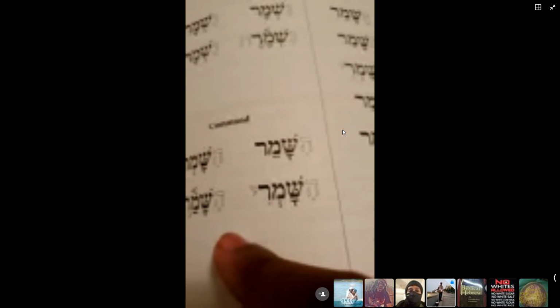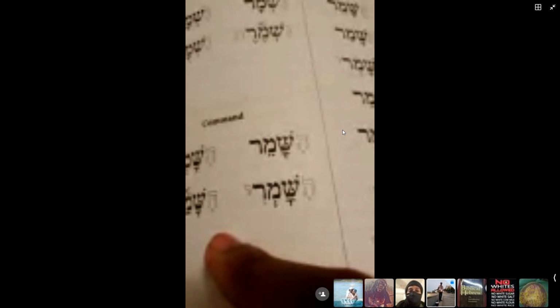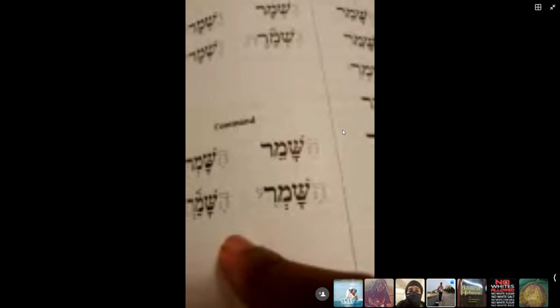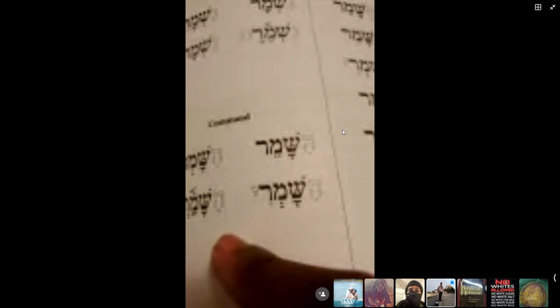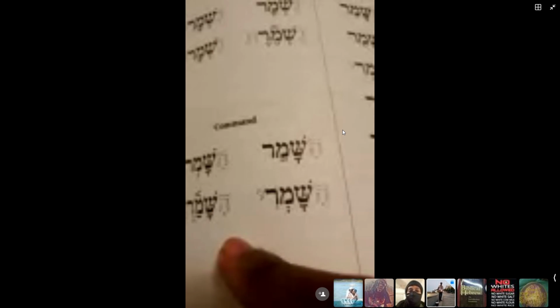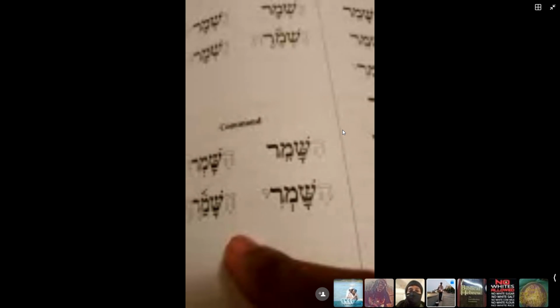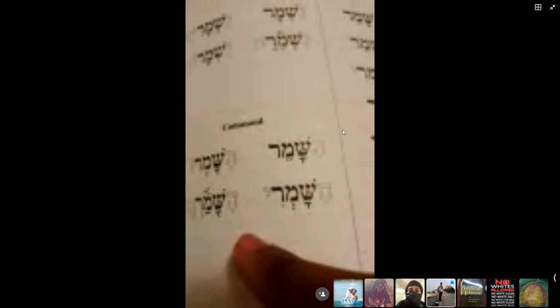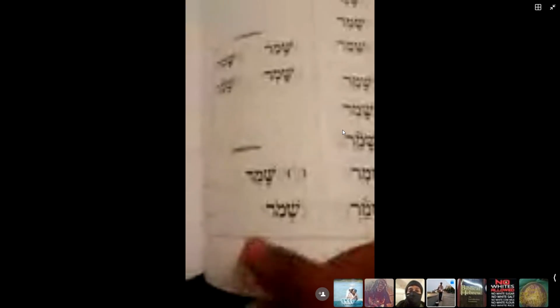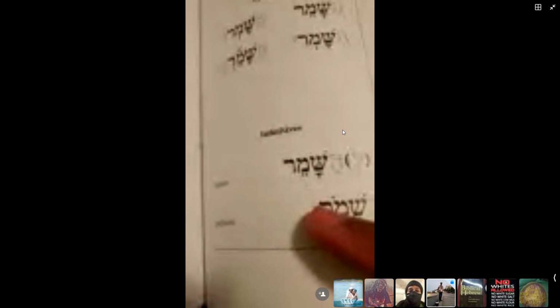Rarely, but it's used. I've seen it used throughout the Torah. But in conversation, it's not something that you hear as often. So we have those. Going on to our infinitives.